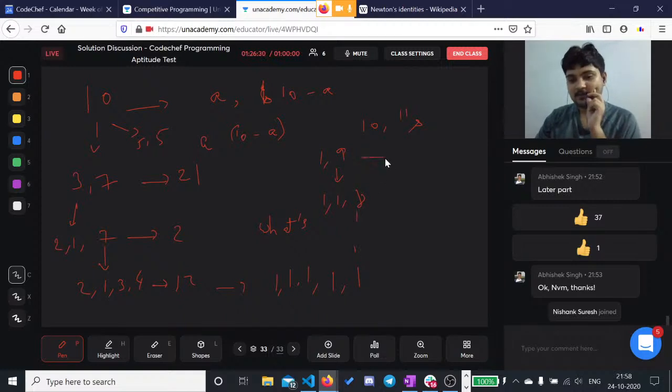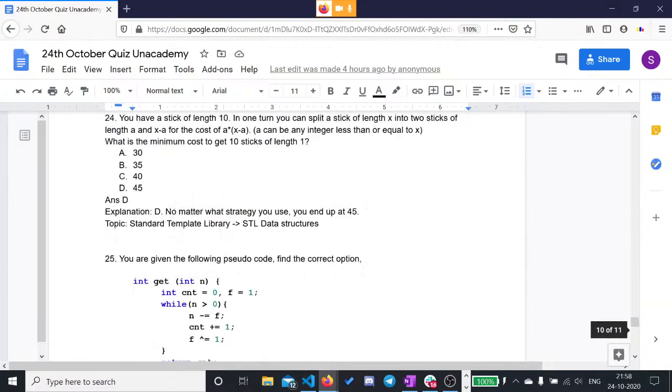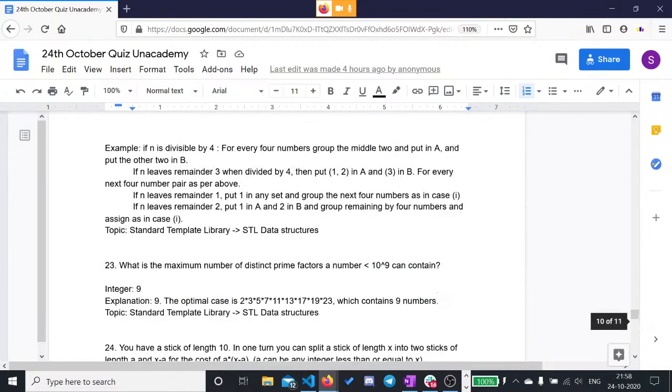This will have cost 9 plus 8 plus 7 plus so on till 1, which is 9 times 10 by 2, which is 45, and every other way will also give you 45. So the minimum is also 45. Cool. That was an interesting problem.